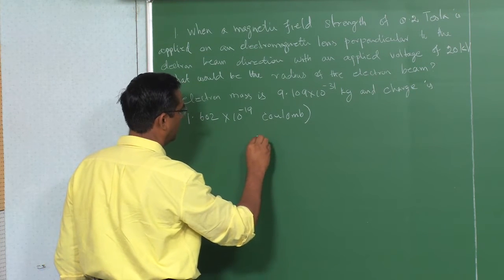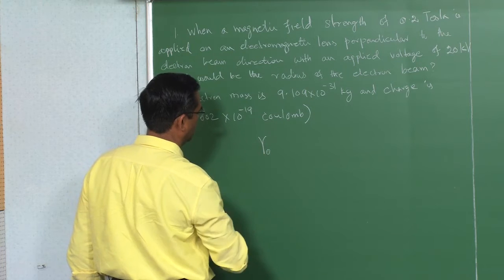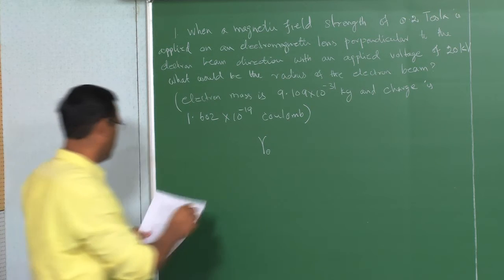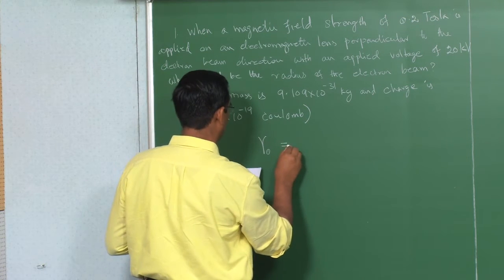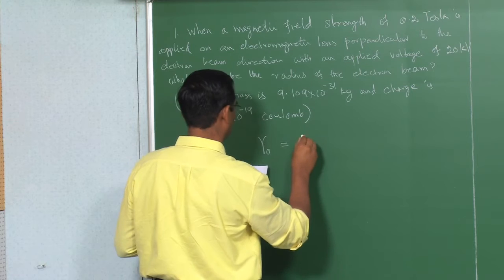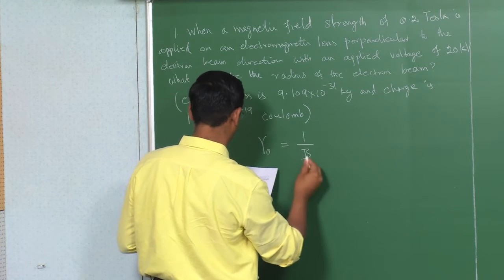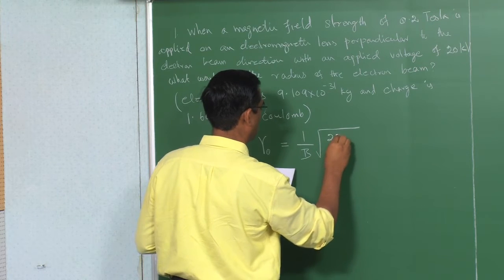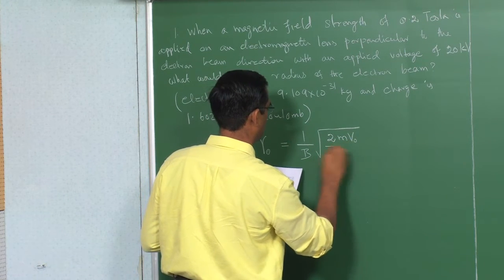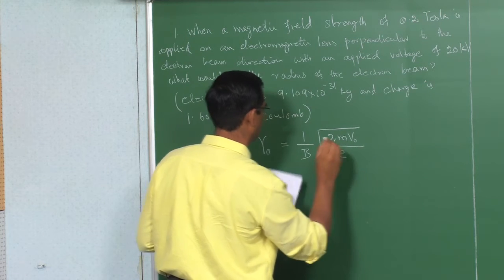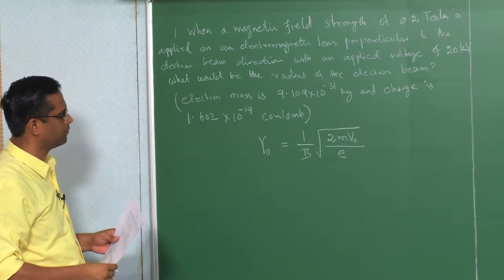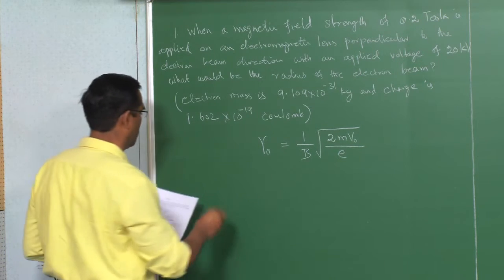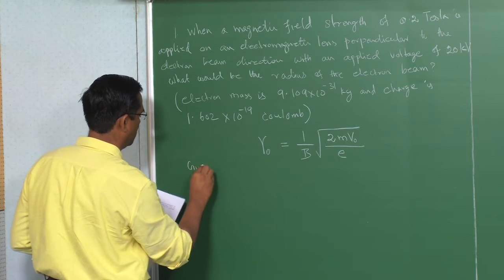If you recall the electromagnetic lens schematic, we have written an expression for this. We can use this formula to obtain the radius, so let us solve this by simple substitution.